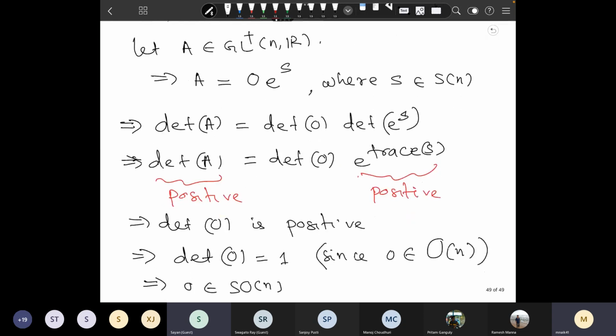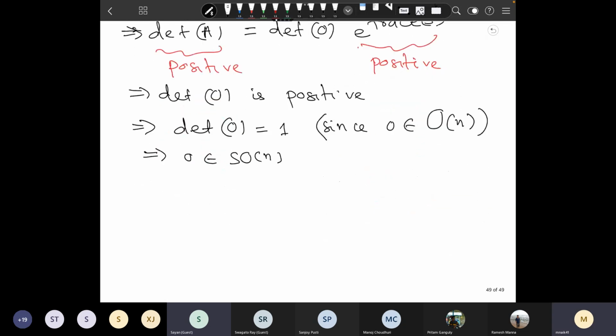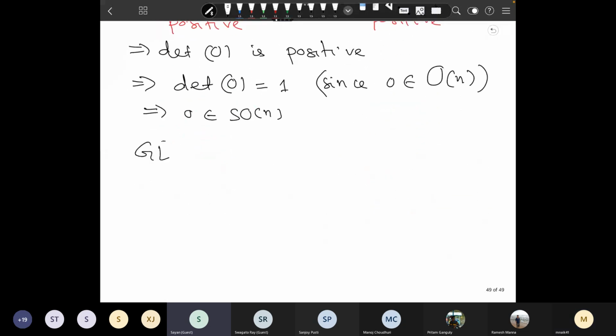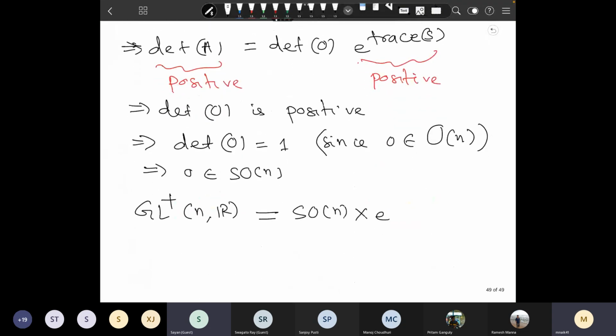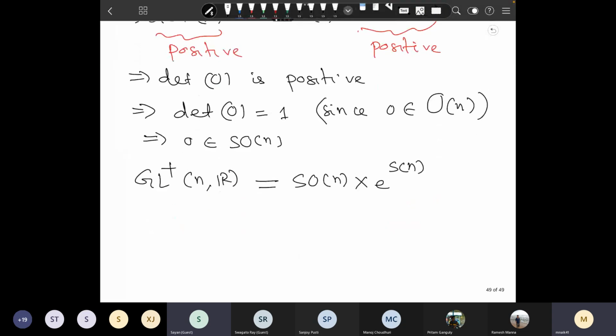So you will get that in this case GL+(n,R) is equal to SO(n) and e to the power S(n). Under restriction of the homeomorphism, you will get that this is one-to-one and onto.